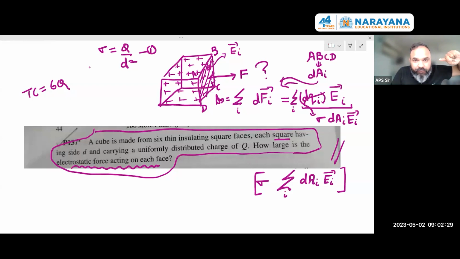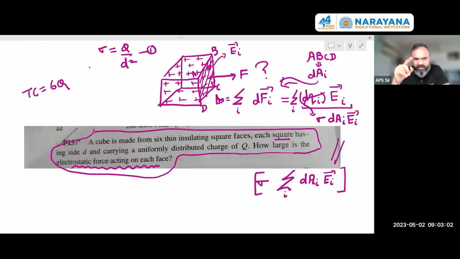So I need the field here because of the remaining 5 faces. Think of a box without this charged face, and then think of fields. Now this becomes complicated, because calculating the field because of the remaining 5 square faces at a general point on the 6th face is not simple, kind of impossible, even by integration.